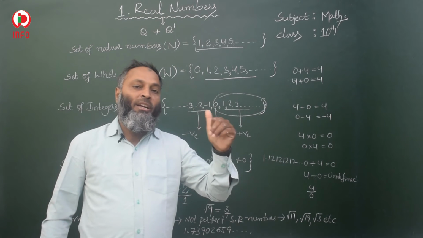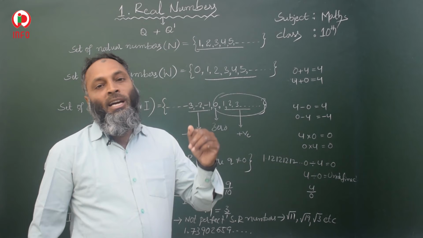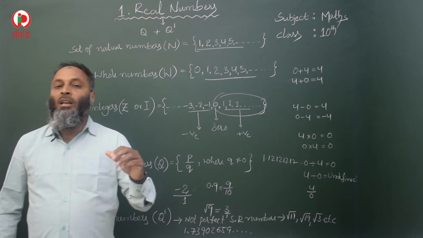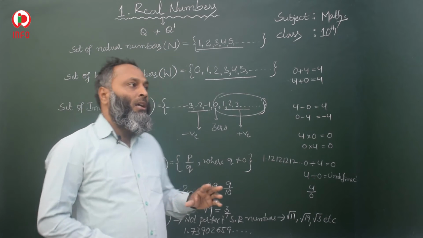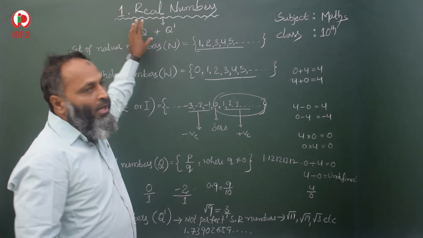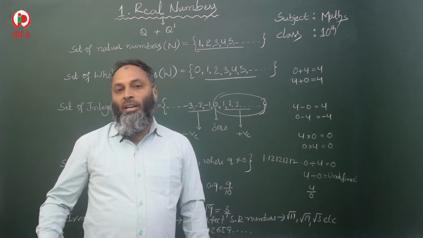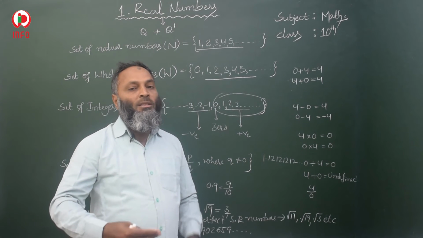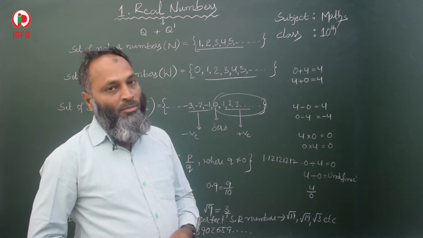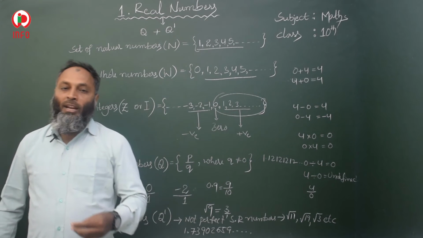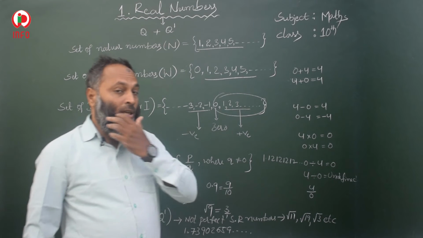In decimals, terminating and non-terminating decimals, and in square roots, the numbers which have perfect square root values. All these numbers are rational numbers. So what about irrational numbers? The numbers which are neither terminating nor non-terminating decimals, those numbers are irrational numbers, and the numbers which do not have perfect square root values, those are irrational numbers.